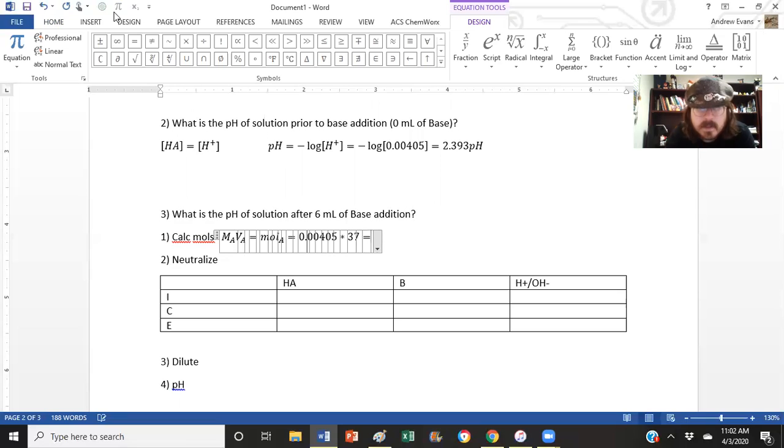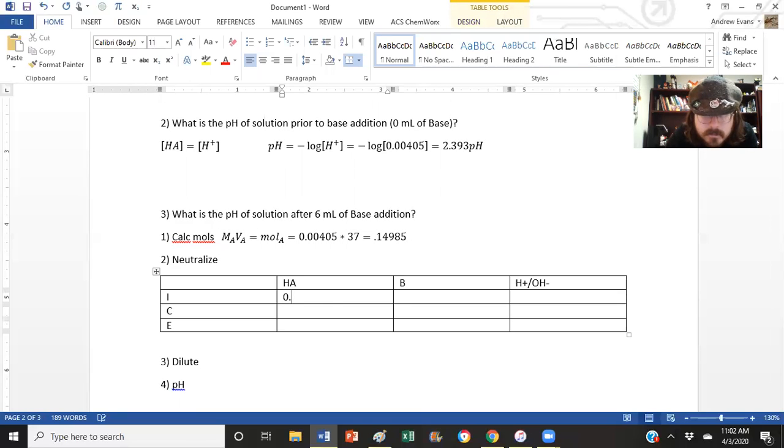Now we can leave these like that as long as we leave everything in mL. If you want to turn this into liters, you have to turn everything into liters, and that's going to make everything a pain. Now I'm going to just leave all the digits to avoid rounding unnecessarily. So that's for our acid.